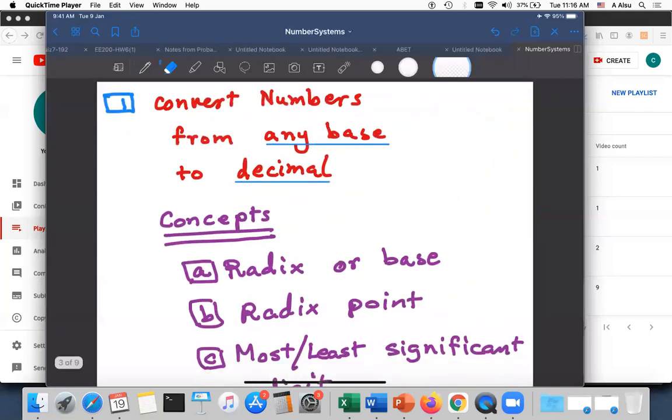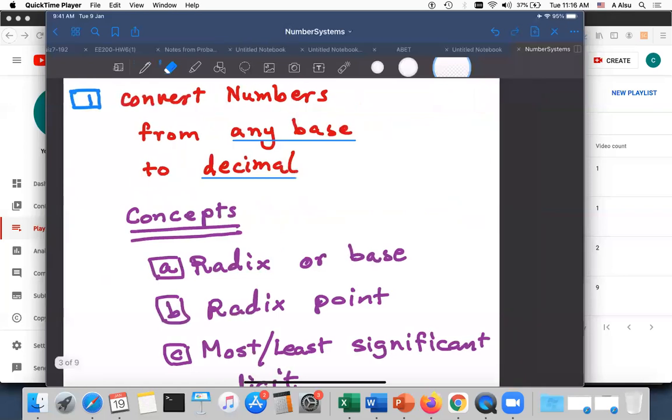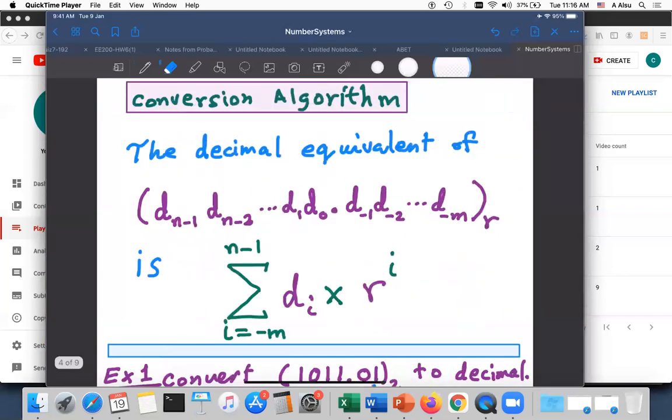So this is how we can convert this generic number that has n integer digits and m fractional digits. How do I know? Because they are separated by the radix point. I'm assigning each digit a subscript so that I know them.